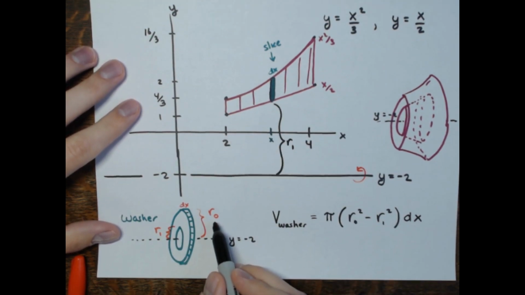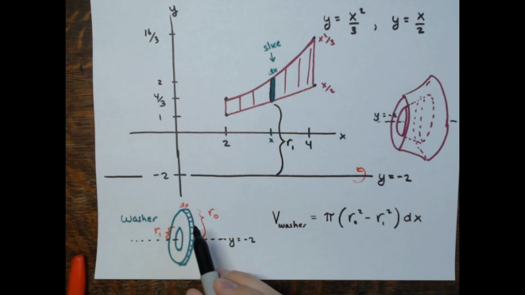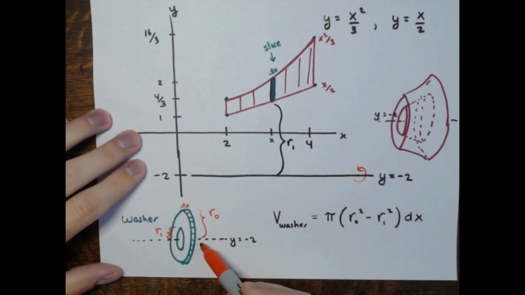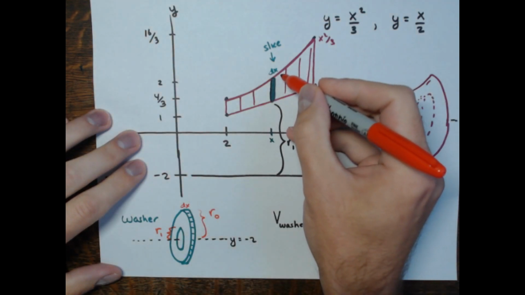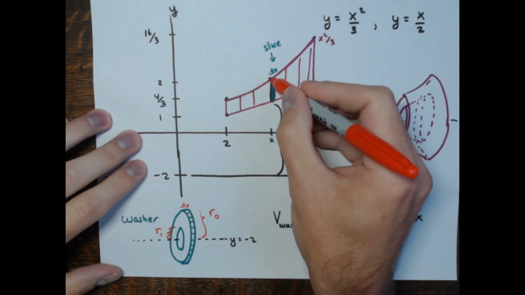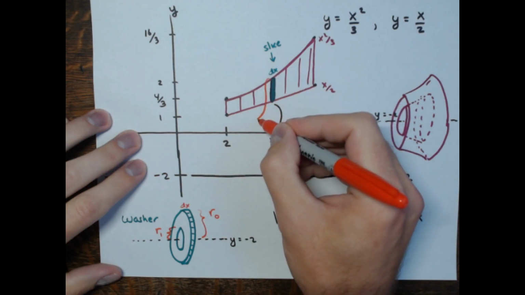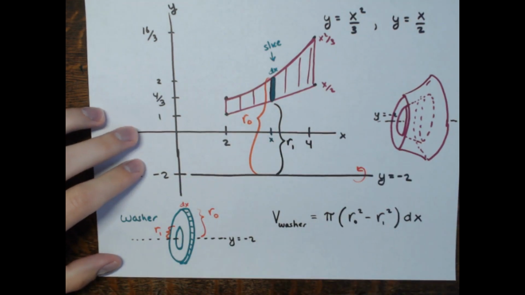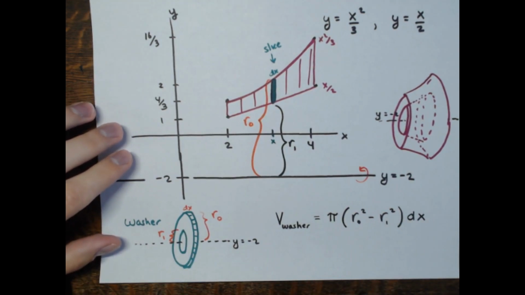And then this outer radius, the radius of the big circle, is the distance from y equals -2 to the top of the region, the top of this rectangle. So there's RO. And I'd like both of those in terms of x.